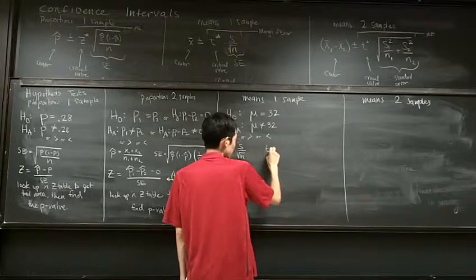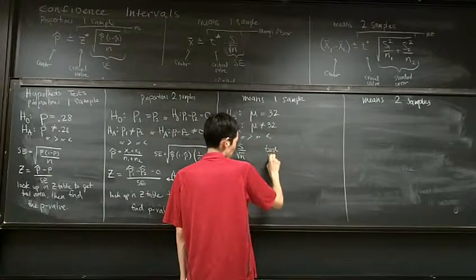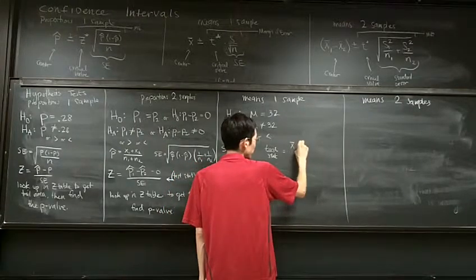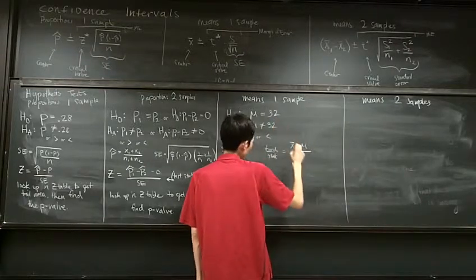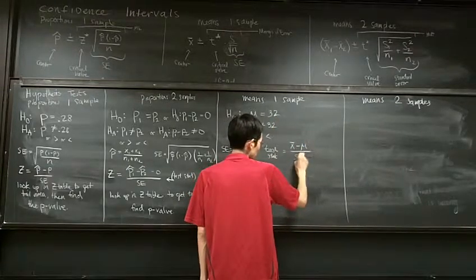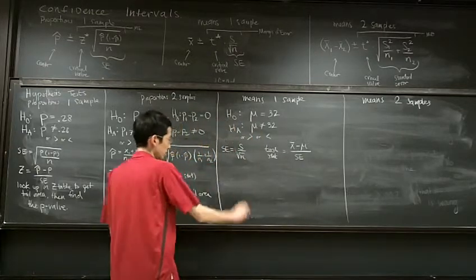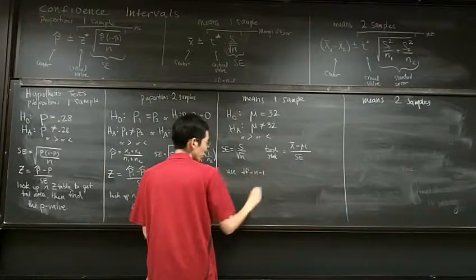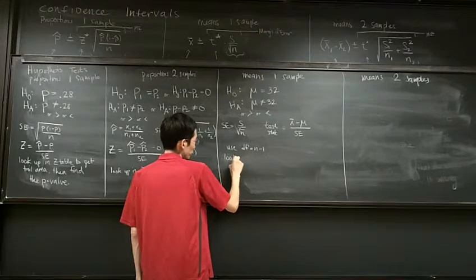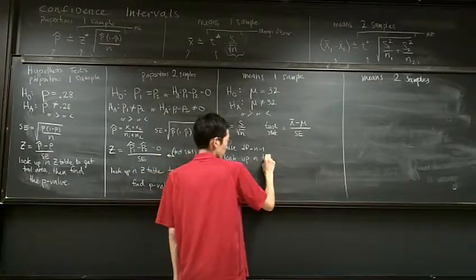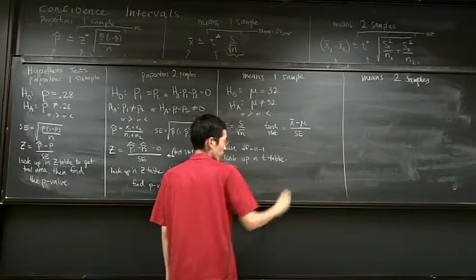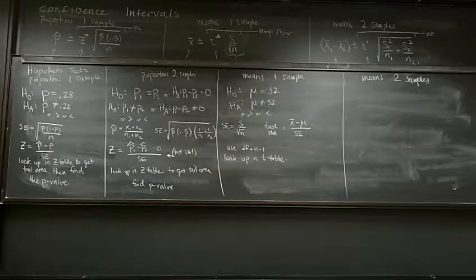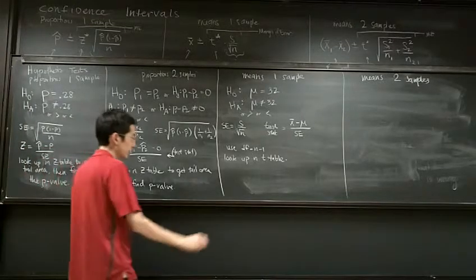Your test statistic is going to be x bar minus the mean given in your null hypothesis, mu, divided by the standard error. Use degrees of freedom equal to n minus 1, and look this up in the t-table. Find your tail area and find your p-value.